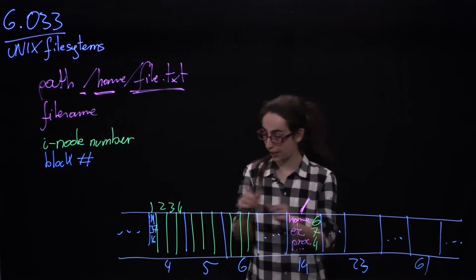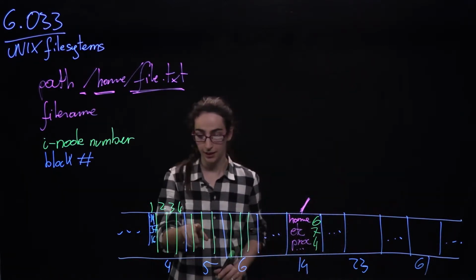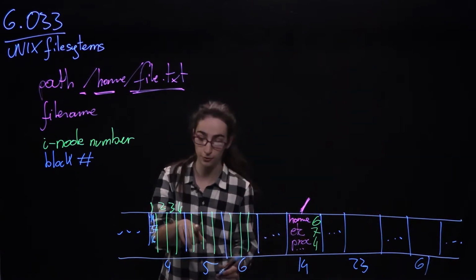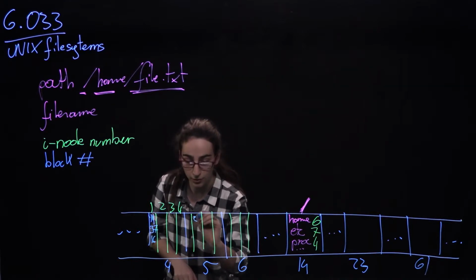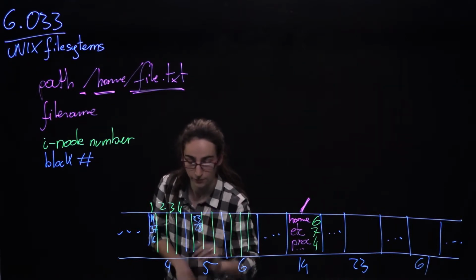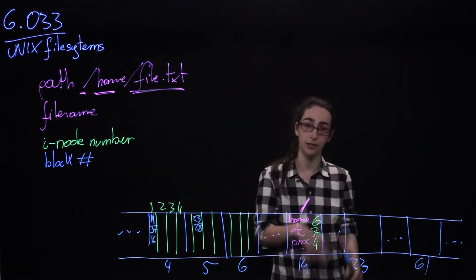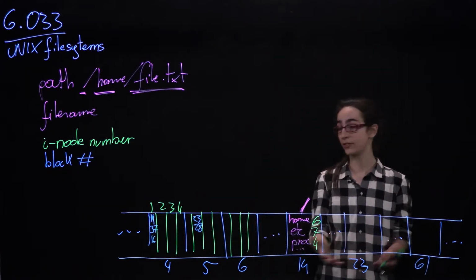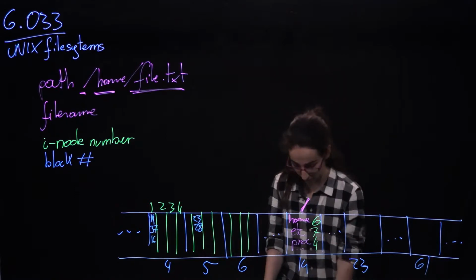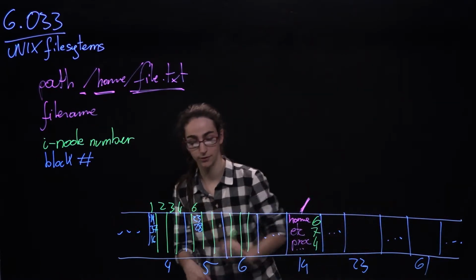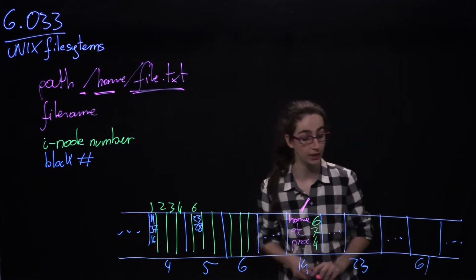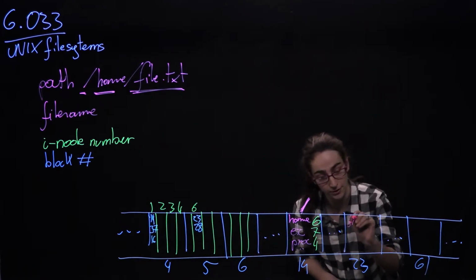All right, so inode 6, that will bring us over here, and let's say that the block numbers we have associated with the home folder are going to be 23, 28, and that'll be it. So now at block 23, I can go look to see what files exist within that home folder. So again, this is 6. And over here, I'm going to find a list of file names, including file.txt.